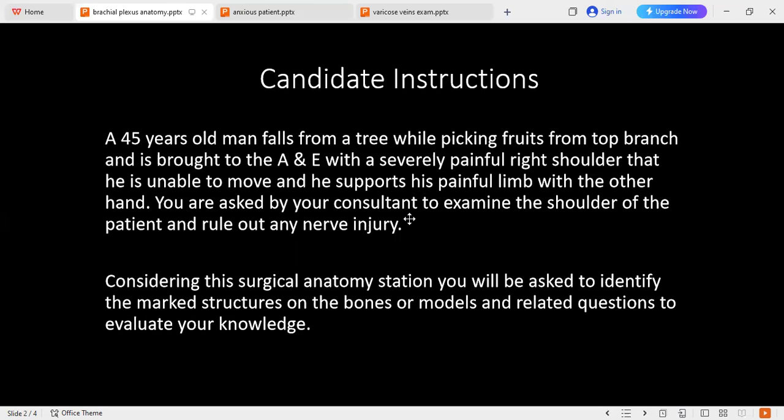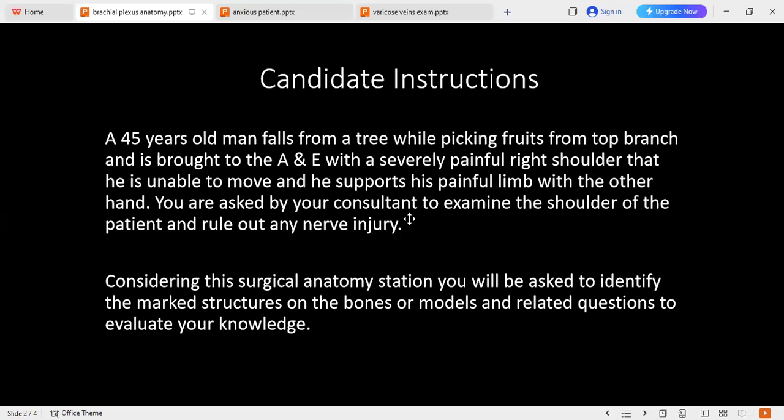What is the condition called? Klumpke's paralysis. Please tell me what would be the sensory loss in Klumpke's paralysis? Loss of sensation in the medial side of the forearm and the hand.